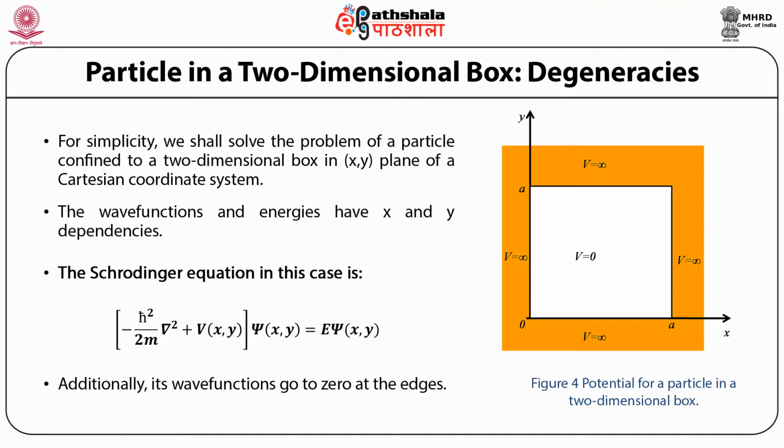Namely, we have a symmetric box with the dimension a along each axis and with a potential that is 0 inside the box but is infinite outside the box. So the particle is therefore confined to the interior of the box.